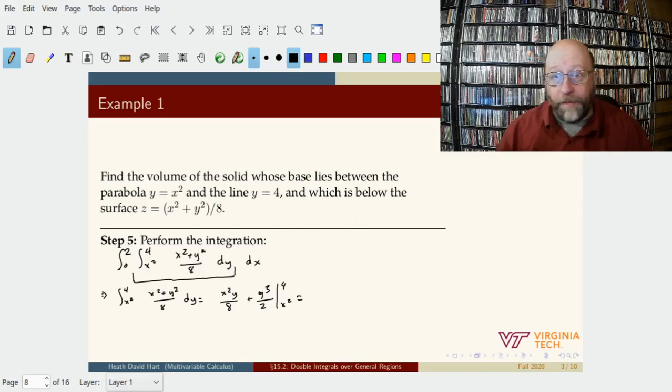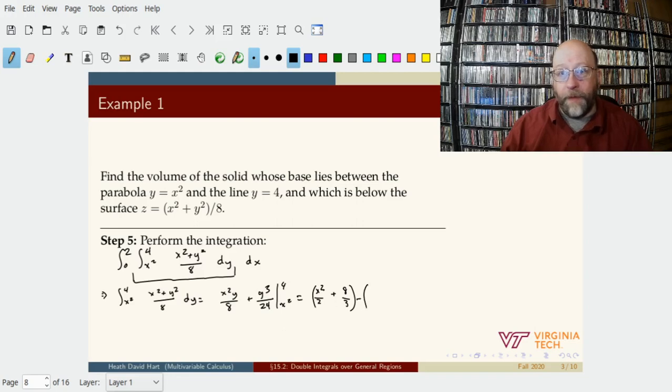So when we plug in 4 for y, because this is our variable of integration here, this becomes 4 times x squared over 8, which is just x squared over 2, plus 4 cubed over 24. Integral of y squared over 8 is y cubed over 24. So we get 64 over 24, which simplifies to 8/3.